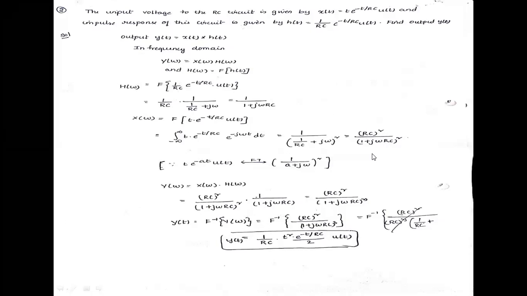Then next problem. We go for the next problem. The x of t is given e power minus 5 the magnitude of t.